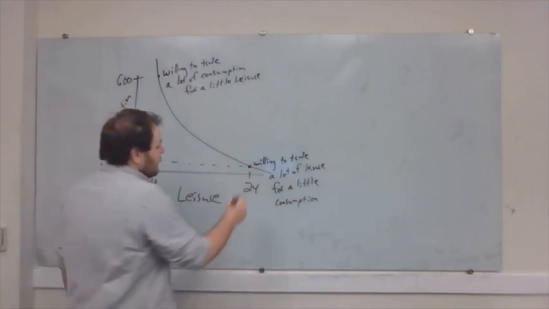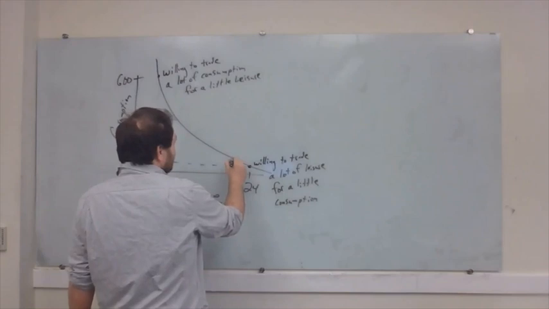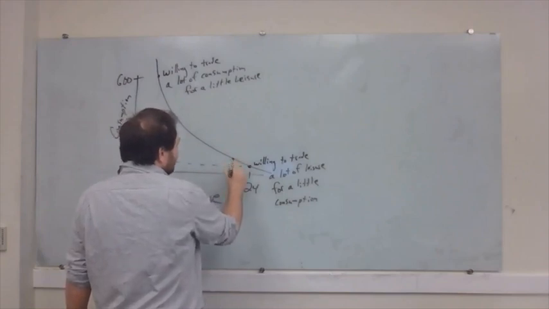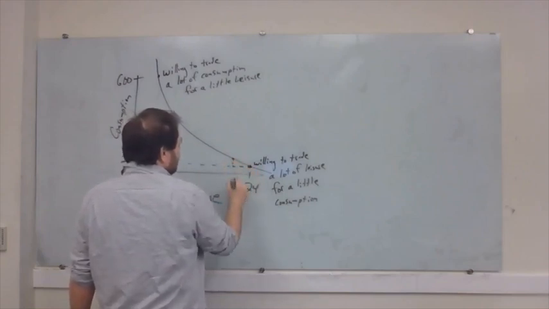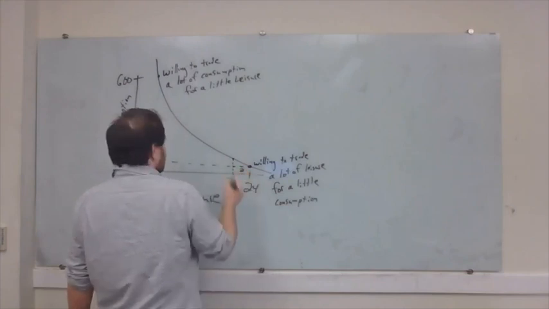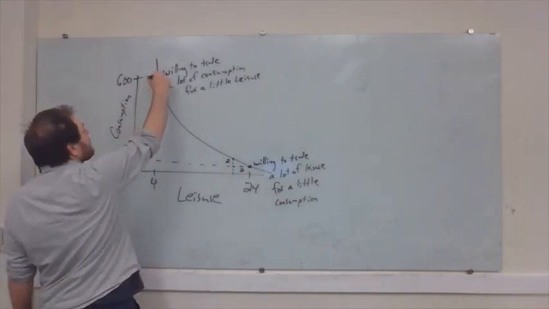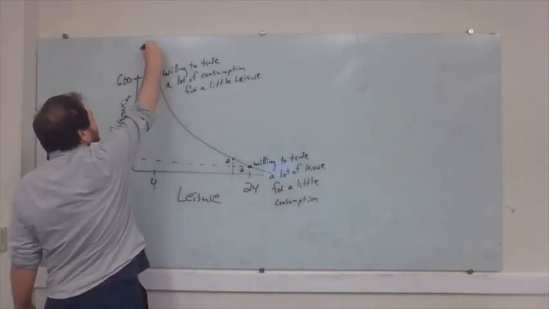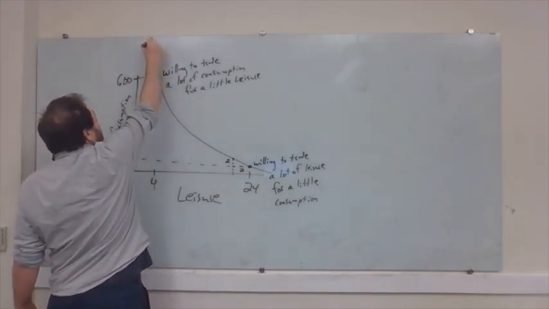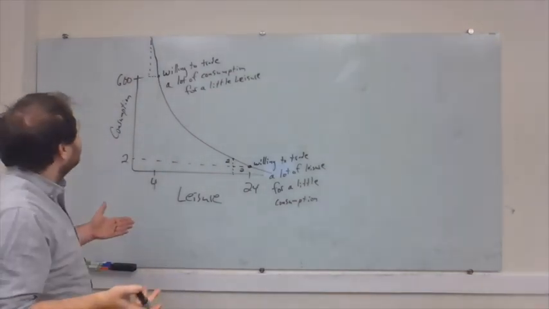In order to give up a couple hours of leisure, you're going to need very little consumption over here. Let's say to give up 2 hours of leisure, you need maybe $2 extra over here. Up here, in order to give up 2 hours of your leisure, you need an extraordinary amount of consumption. You need to be paid hundreds of dollars an hour.